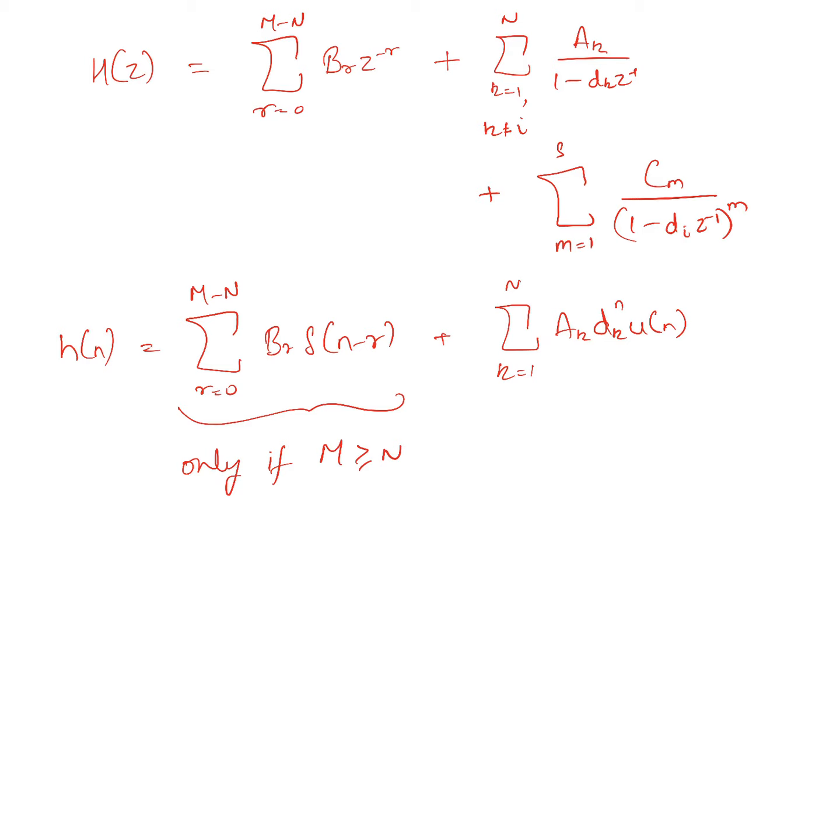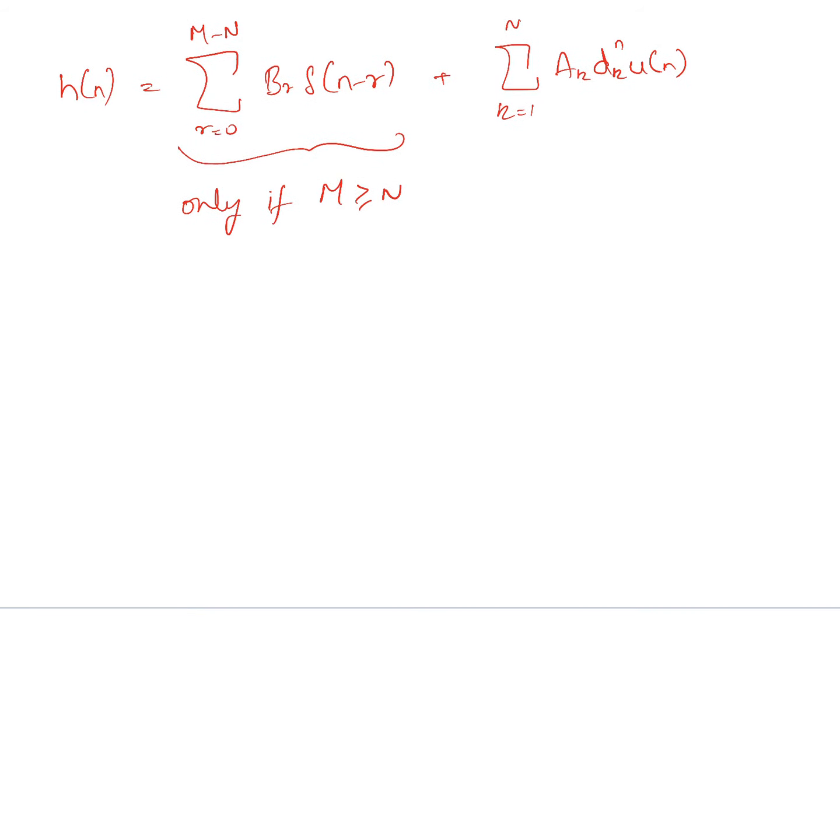Given this impulse response representation, there are basically two classes of systems in which we would be interested. The first class: we have at least one non-zero pole of H(z) that is not cancelled by a zero.